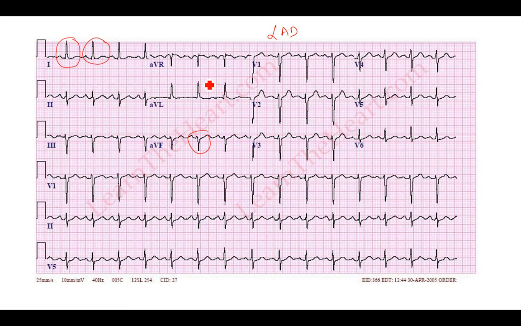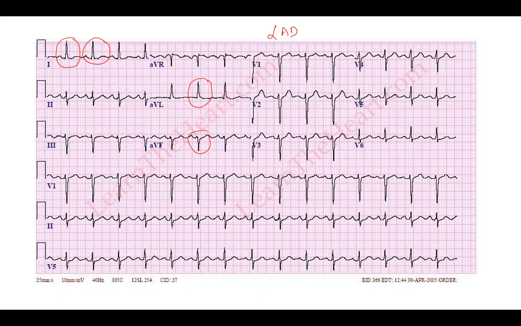You can see only in lead 1 and AVL the QRS complex is upwards. Lead 1 has got the highest QRS complex, and lead AVL is having the second highest QRS complex.